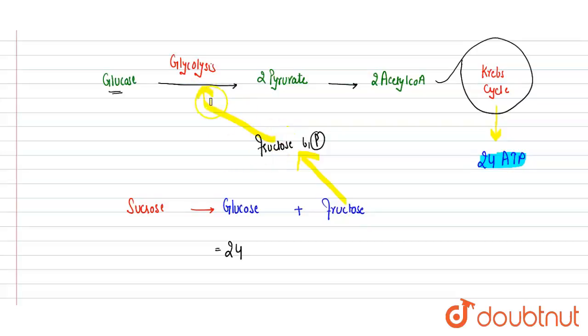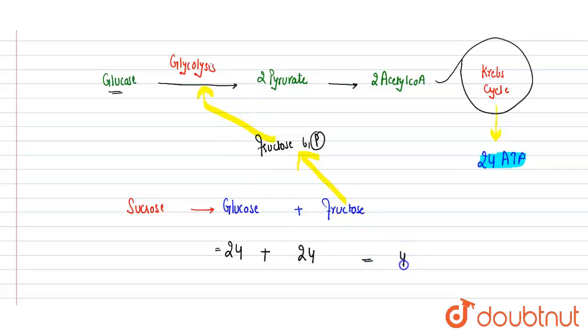It will enter into the second step of glycolysis, from glucose to glucose 6-phosphate, then fructose 6-phosphate is formed, and then again the whole pathway continues from fructose 6-phosphate to 2 pyruvate molecules, then 2 acetyl-CoA, and then again 24 ATPs are formed. 24 are formed by glucose, and similarly, because it follows the same pathway, 24 ATPs are also formed by fructose, because fructose will enter into glycolysis.